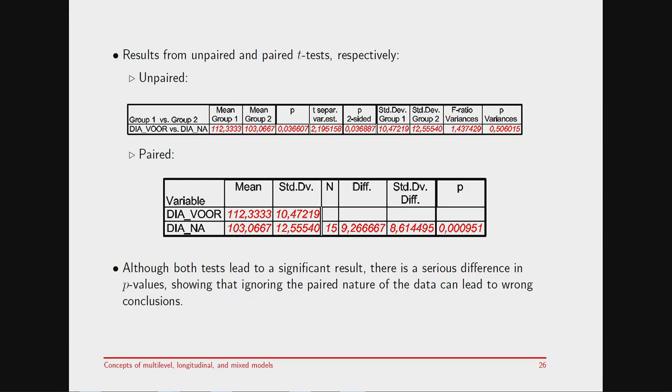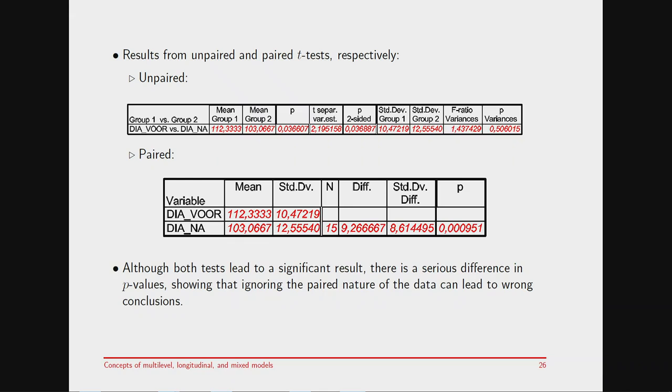But you clearly see that this p-value is about 36 times larger than the p-value that we obtained based on the paired t-test. Imagine what would have happened if we had decided up front to use a significance level of 0.01. Then in the paired t-test analysis, we would say highly significant. In the two-sample t-test analysis, we would say not significant at all.